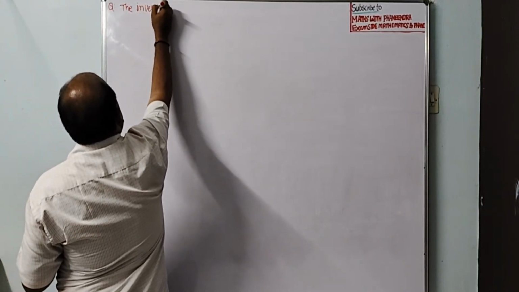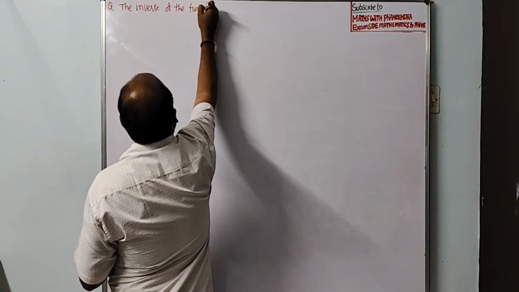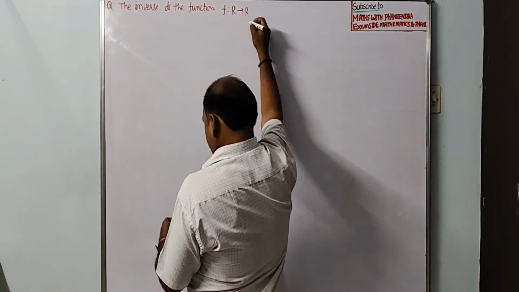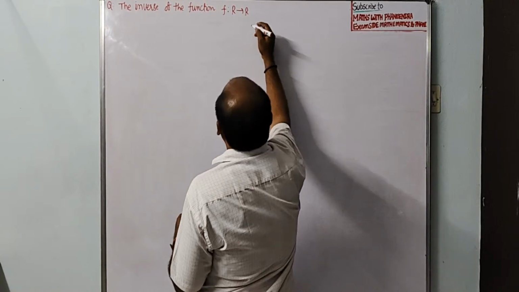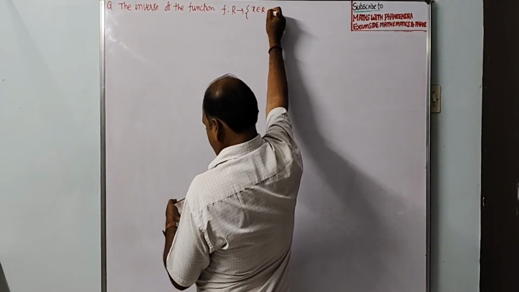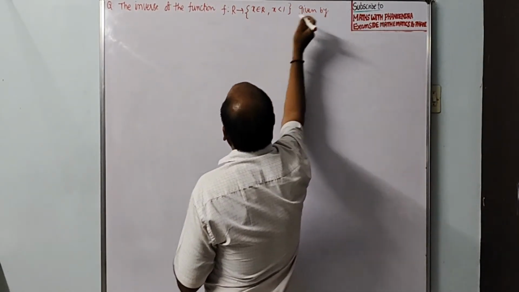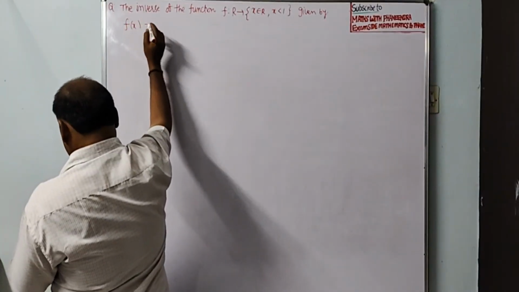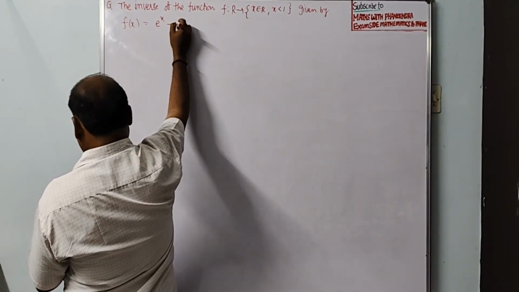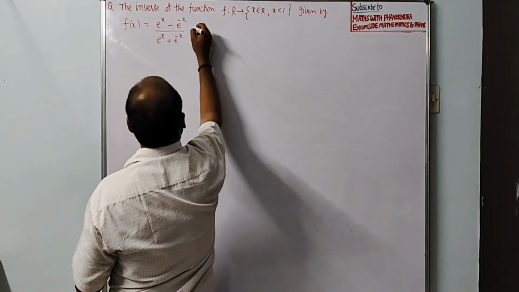The inverse of the function f from R to R, where x belongs to R and x is less than 1, given by f of x equal to (e power x minus e power minus x) divided by (e power x plus e power minus x), is.